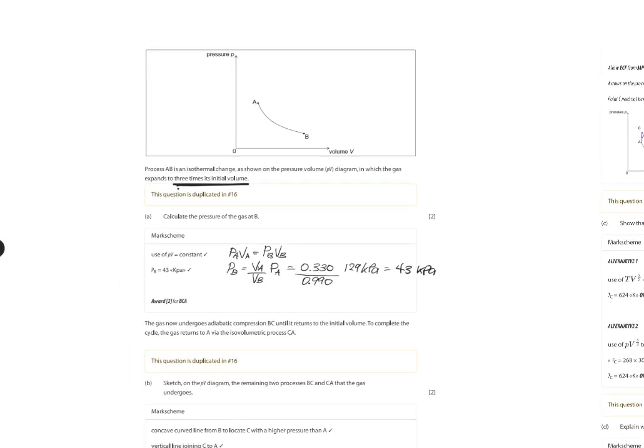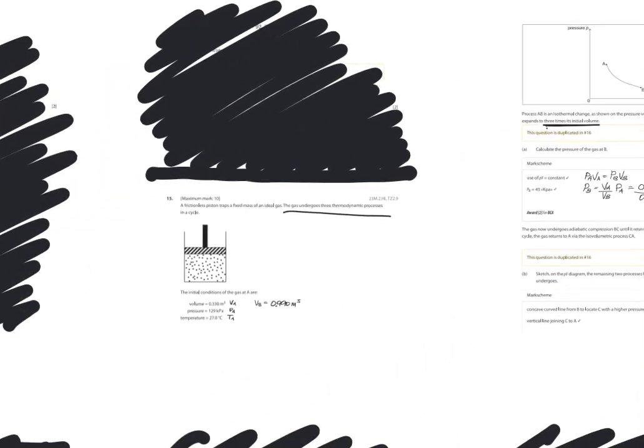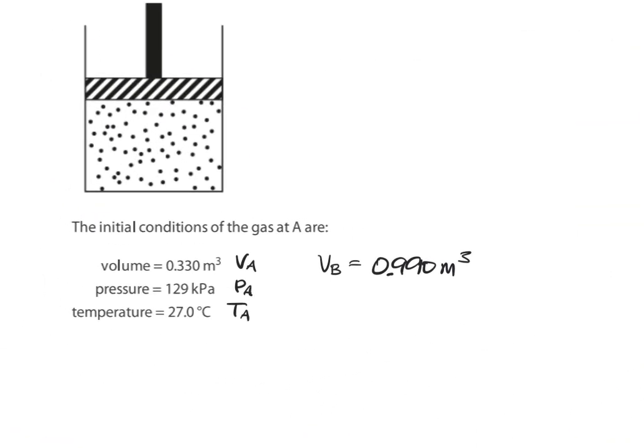And when we work that out, we get 43 kilopascals for the pressure at B. Maybe we'll throw that over here. Pressure B is 43 kilopascals. Don't forget that kilo is 10 to the 3, right?